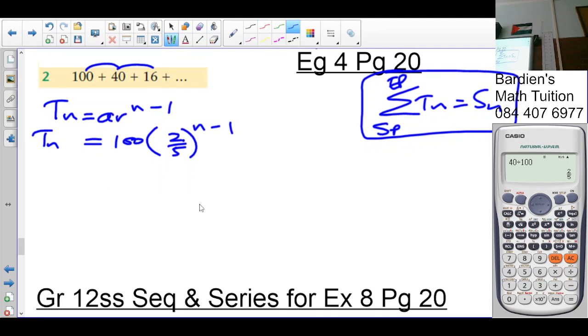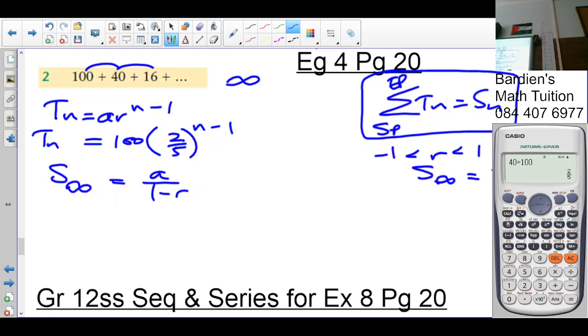Since it's carrying on forever, it's going to go to the sum to infinity. So when we're going to work out the sum of the series, I'm going to work out the sum to infinity. So that's equal to a over 1 minus r. As you can see as well, r is lying between negative 1 and 1, which means to say that will allow you to work out the sum to infinity.